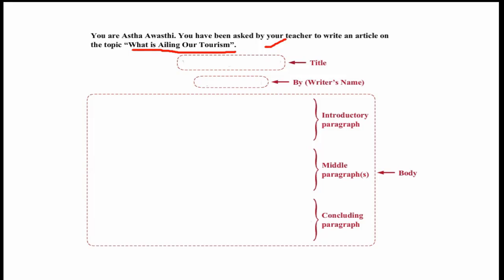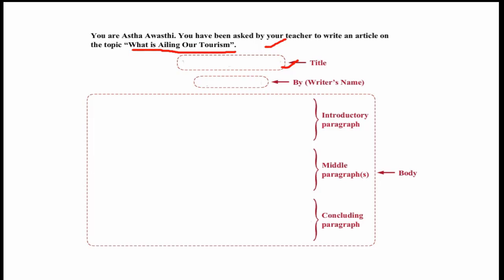Then you have to write in the place of title where the indication is showing here. Here you have to mention the title. And who is writing this article? Who is giving this information? That means you. So you have to write your name.